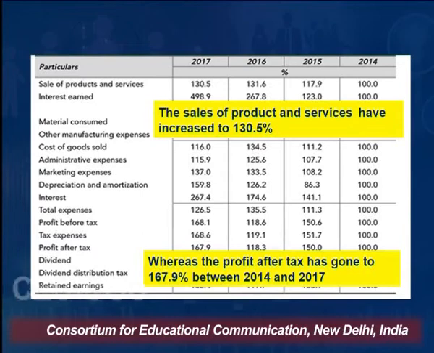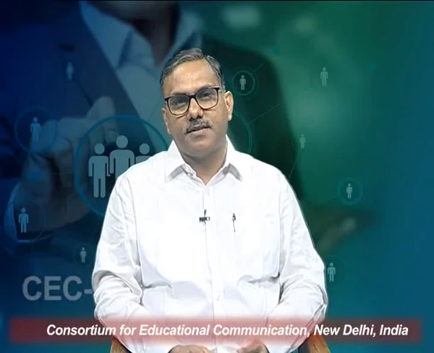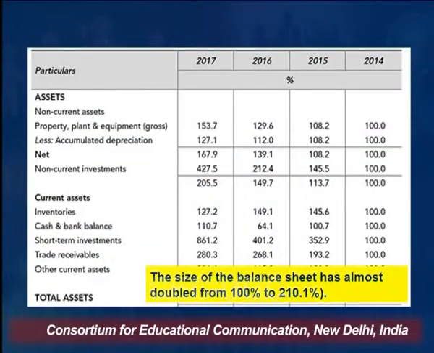The same process you can follow for balance sheet also, and it is quite simple to calculate. So need not bother about further techniques. At times we can find solution to our small problems with the help of small techniques also. Here if you look at the size of balance sheet, it has almost doubled from 100 to 210.1%.